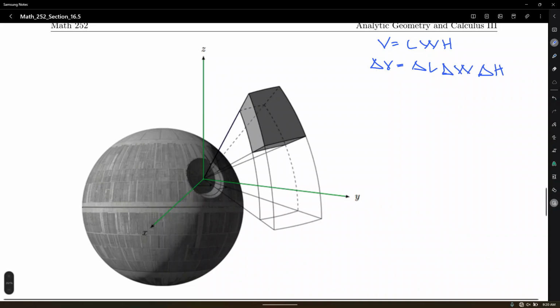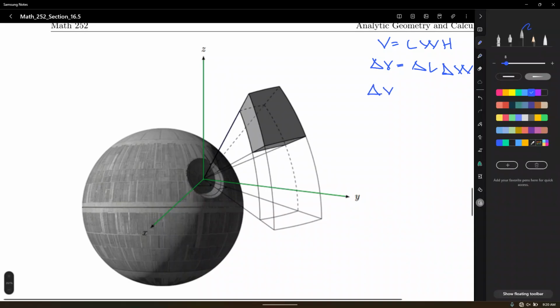Let me change colors first of all. Let's talk about three deltas here: the delta out, the delta around, and the delta up. What is each of them?